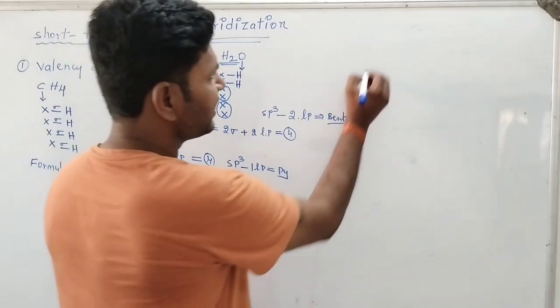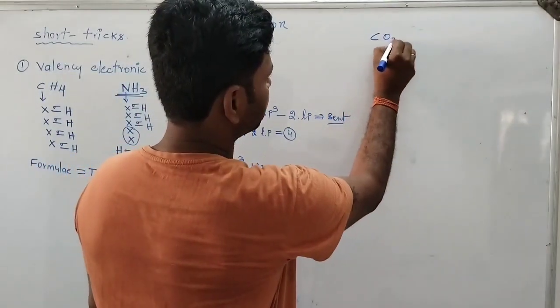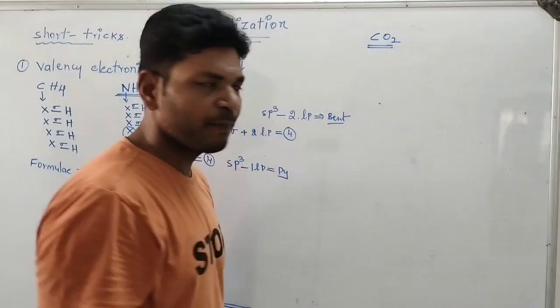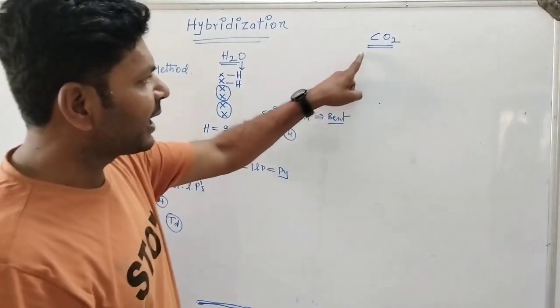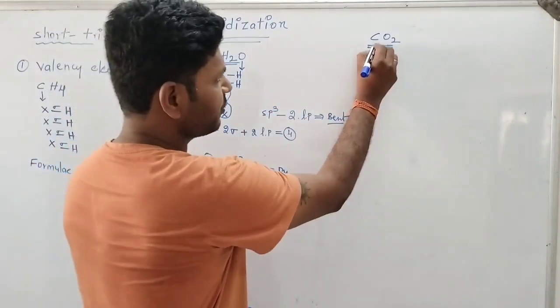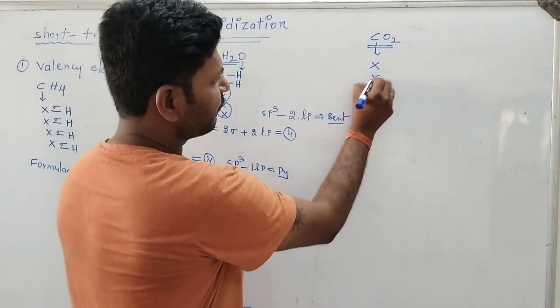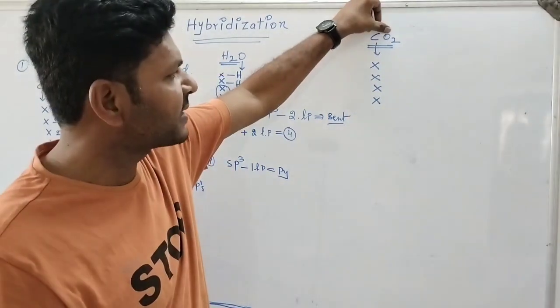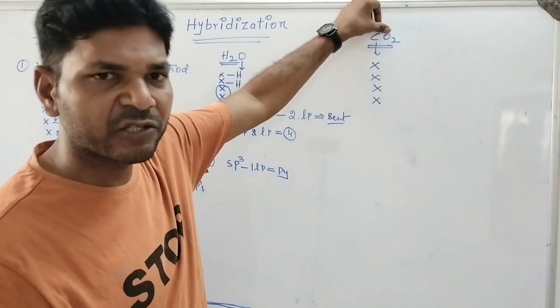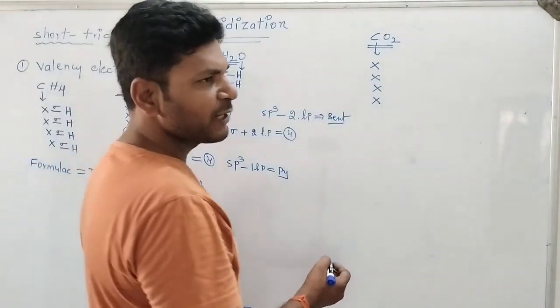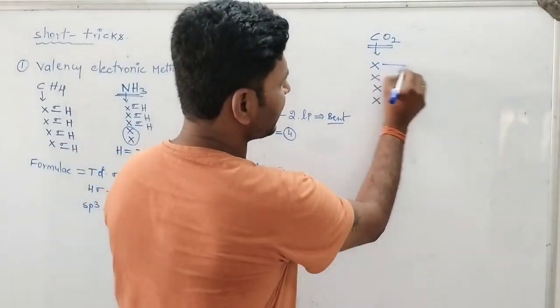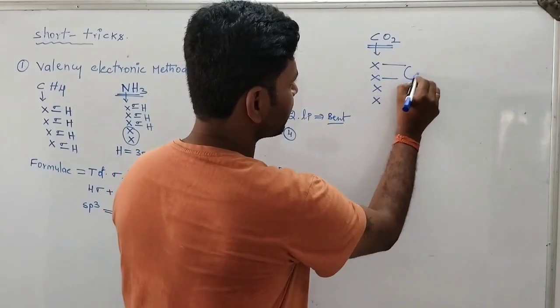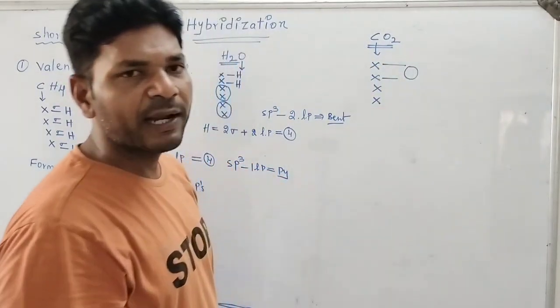Okay, for example, CO2, carbon dioxide. So carbon is the central atom. Here we should take 4 electrons, and oxygen has 6, so its valency is 8 minus 6, which is 2. 2 means what? Divalency. So first 2 electrons are taken by 1 oxygen.